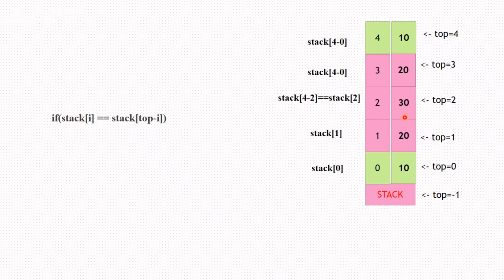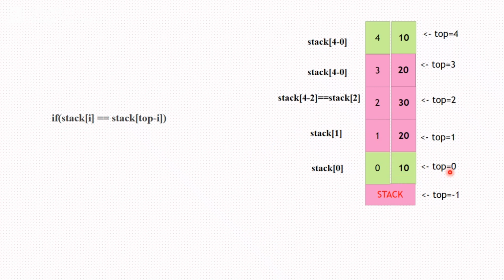That is, one side has to be a reflection of the other. If I fold at location 2, properly in the middle, then the elements at positions 1 and 3 need to be the same. The elements at positions 0 and 4 need to be the same. That means this and this need to be the same, this and this need to be the same. However, this is the middle element. Okay, how am I going to check that? I am going to check it this way.